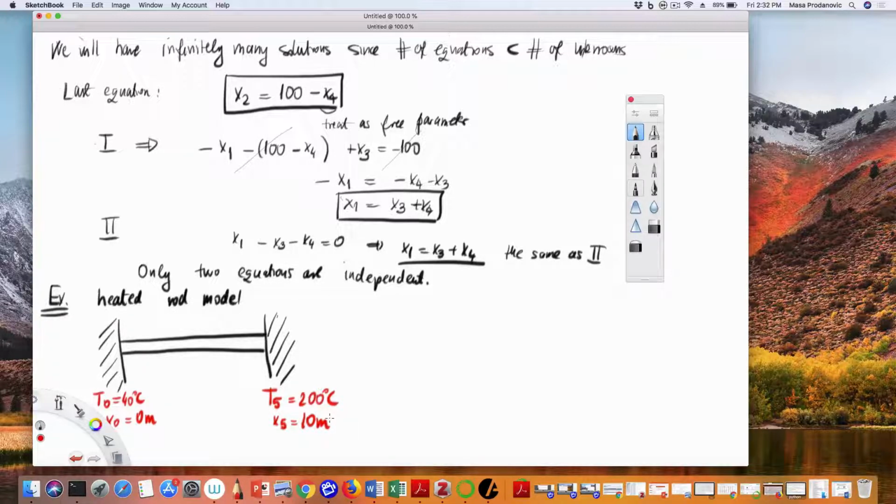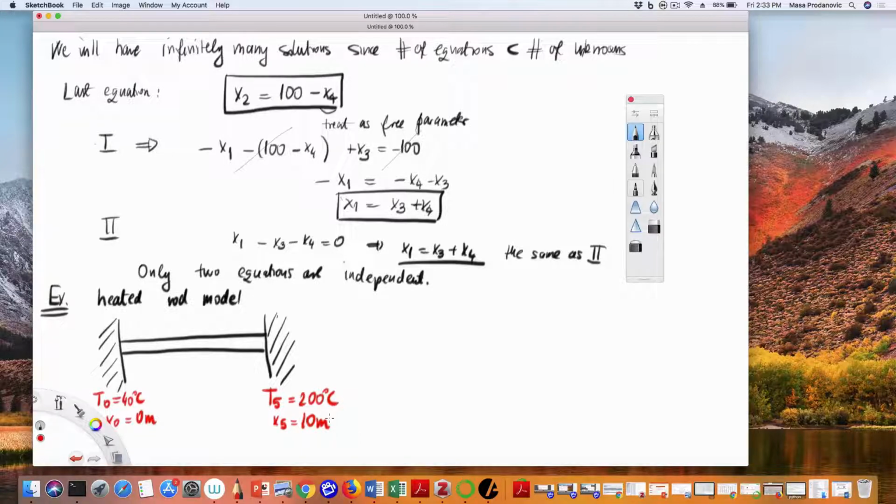But that's not the case. I actually have air, and there is some heat transfer between the rod itself and the air, right? So I know if I have any piece of hot metal here in the air, it's going to give out some of that heat. So we're wondering, well, okay, how different is this temperature profile?